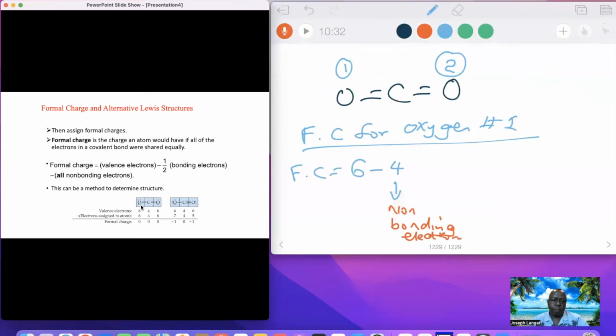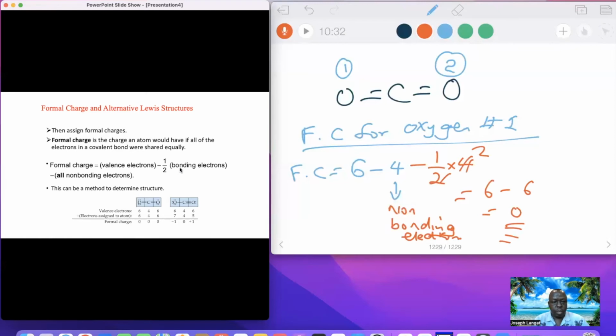We have 4 in the first oxygen, 1, 2, 3, 4, minus a half of the bonding electrons. Bonding electrons, we have 1, 2, so 4 times 4 here, this is 2. This will give us 6 minus 6, which equals 0. It has a formal charge of 0. That's why we have it here, formal charge.